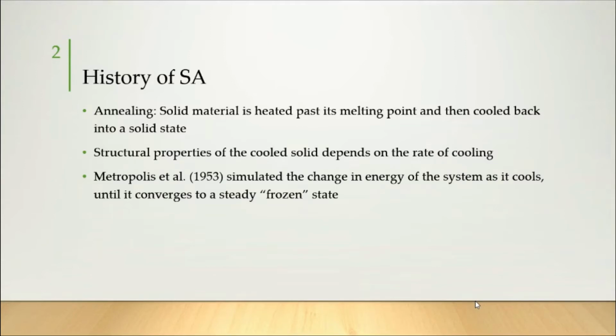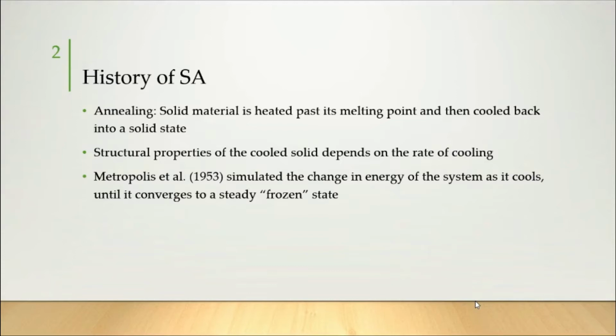At its molten state, the material is in a high energy state. When a material is in its liquid state, the molecules move very fast and can move freely within the liquid.